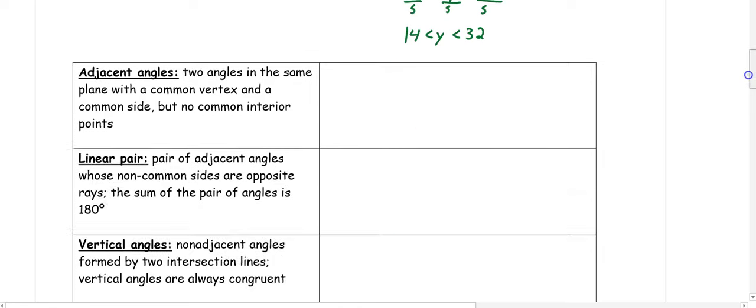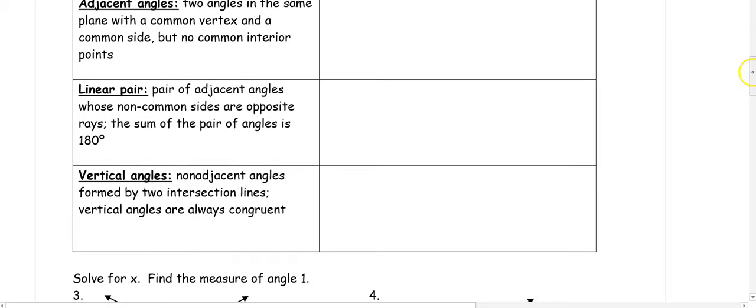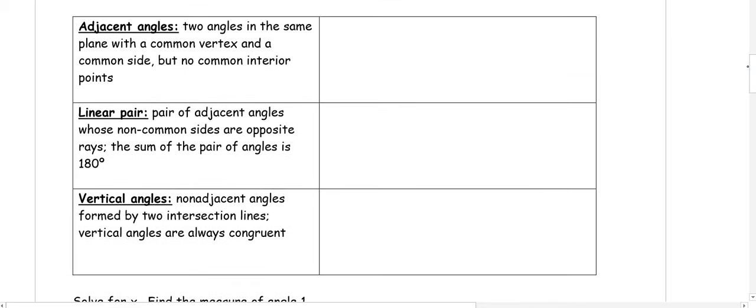So let's look at some more vocab. Adjacent angles. Adjacent angles are two angles on the same plane with a common vertex and a common side but no common interior points. So for example, if I have an angle here and then an angle next to it, and we call these angle 1 and angle 2, we would say that angle 1 and angle 2 are adjacent.